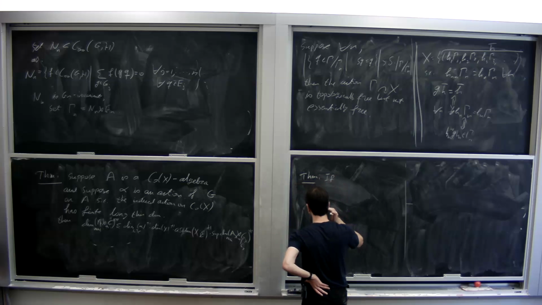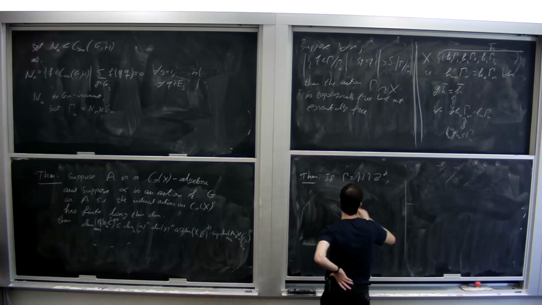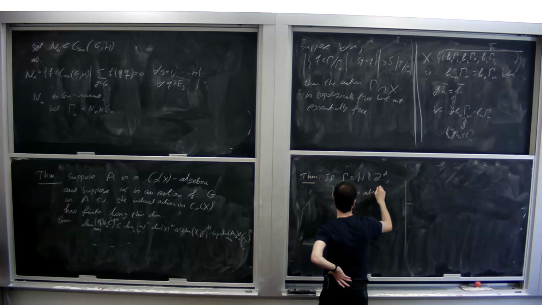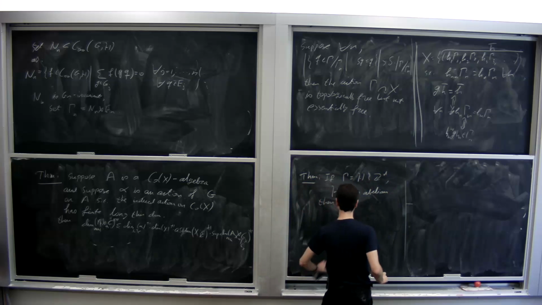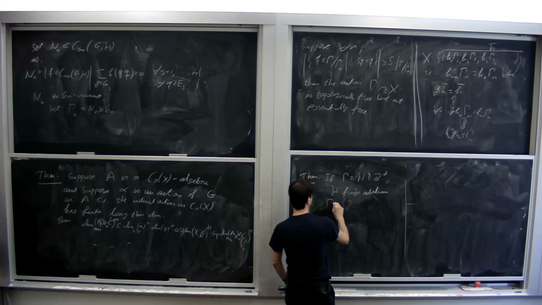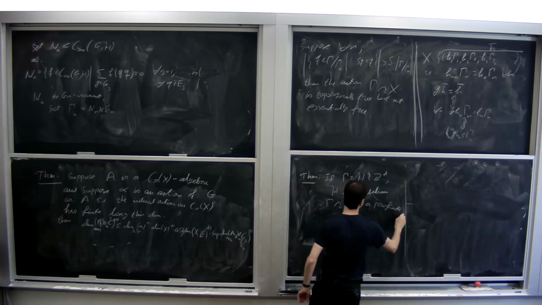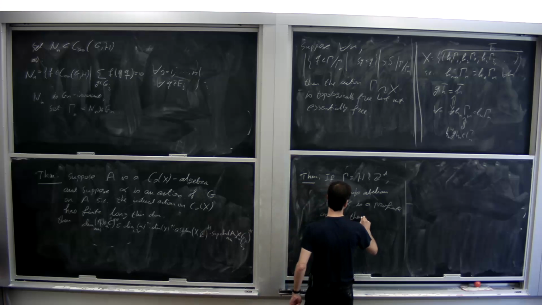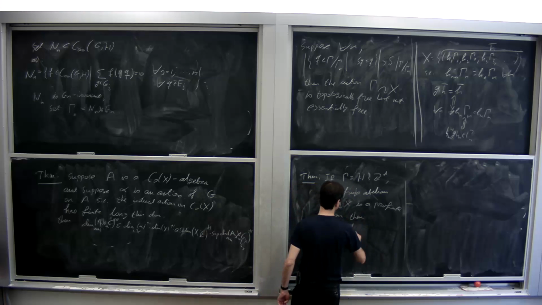If gamma is H wreath product Z to the d, and H is finite abelian, and this is a profinite action, then the cross product has finite nuclear dimension.